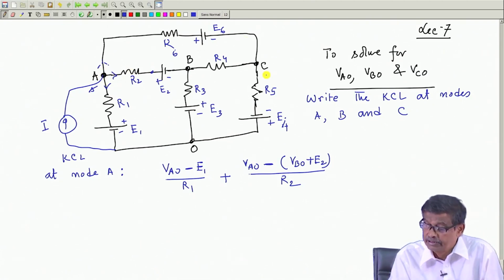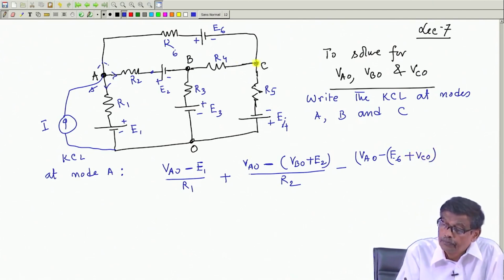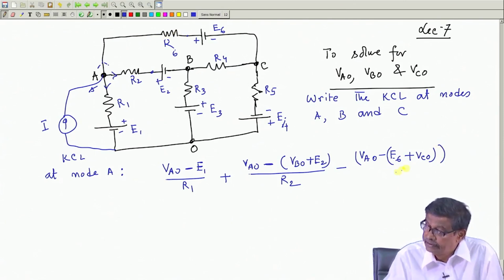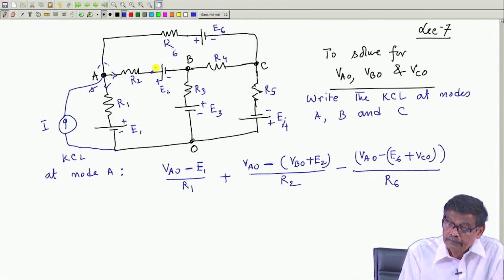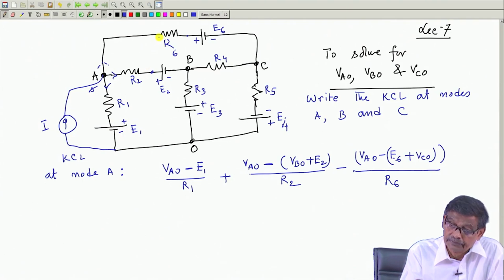The third one will be similarly VAO minus VCO plus E6, which is the potential difference across this resistance, divided by R6. So, these 3 currents are emanating.